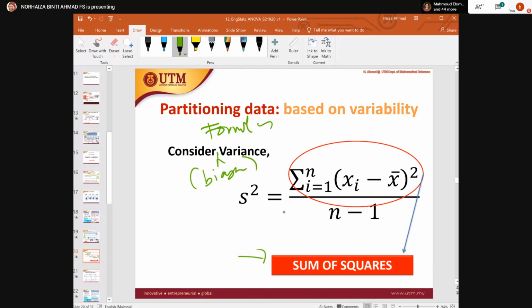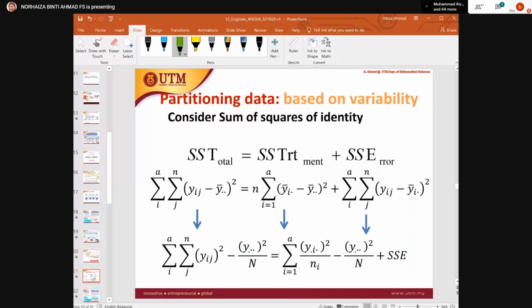Now the numerator here is called the sum of squares. So when you do your ANOVA, we're going to calculate the sum of squares of your observations using formulas. So the sum of squares of all total observations would be equal to the sum of squares based on the treatment plus the sum of squares based on the error.